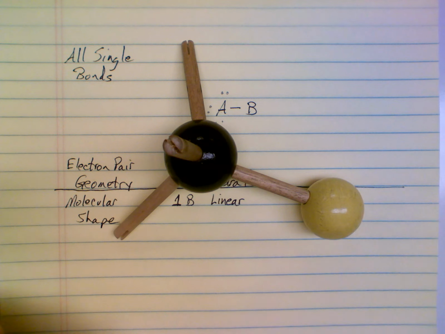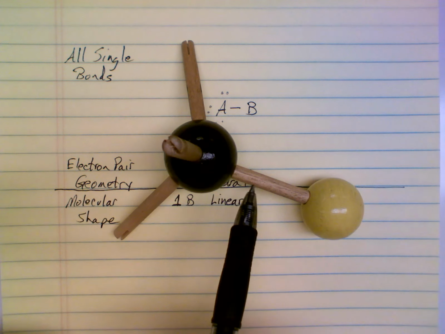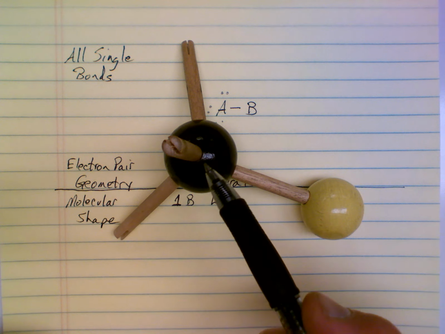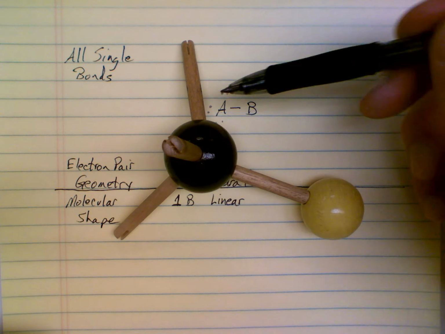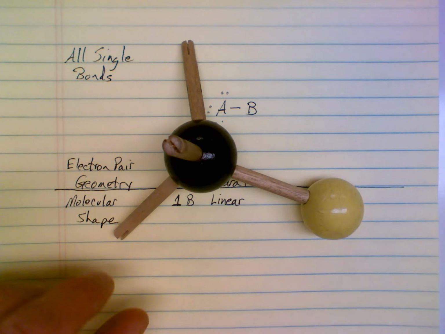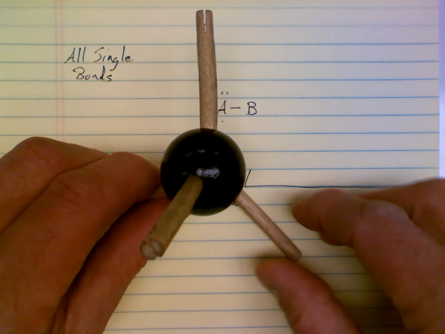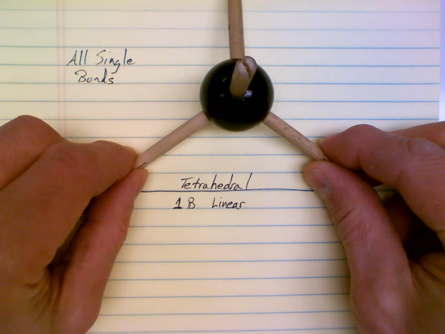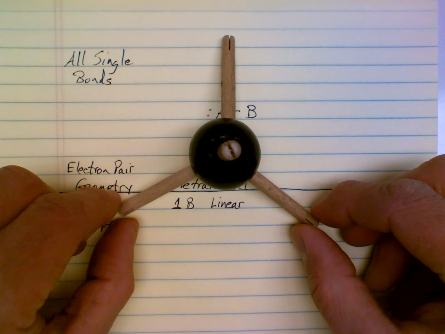We're looking at the electron pairs. So here we have one pair, another pair down here, a pair coming out at us, and that fourth pair going off to the top here. So those four pairs of electrons, I'll just pull off that other atom, are going to form a tetrahedral configuration.